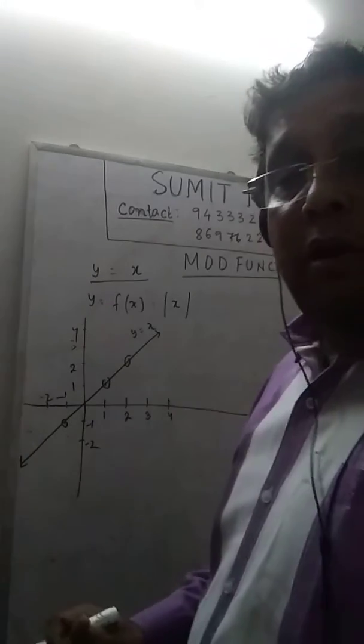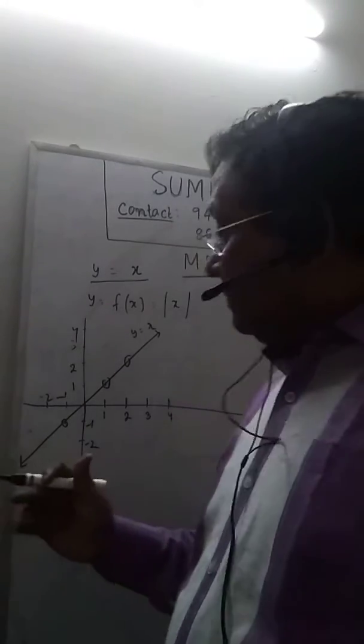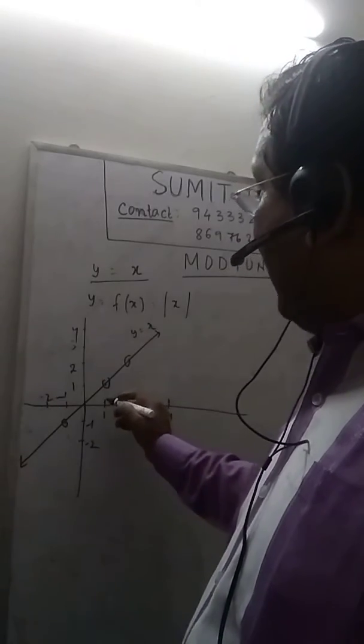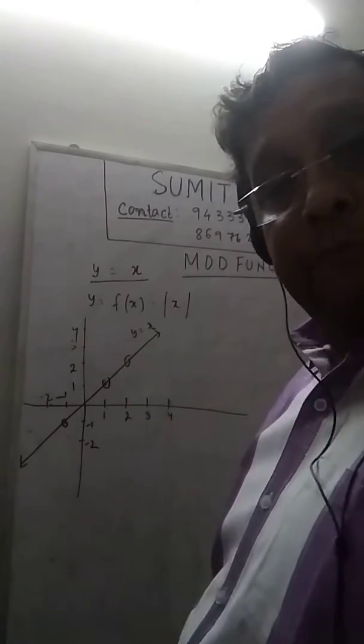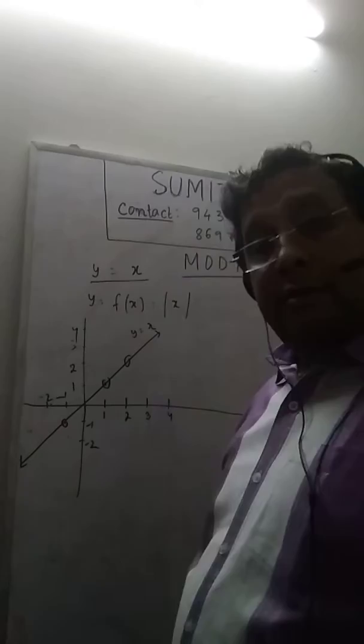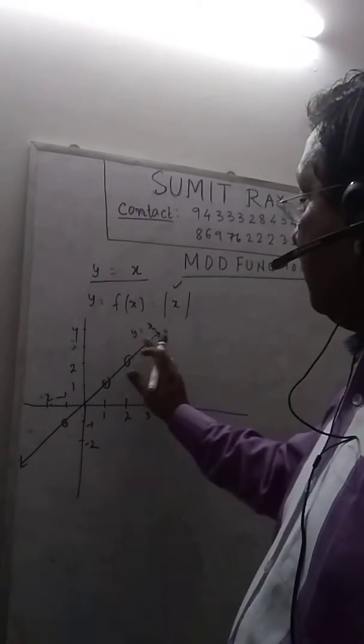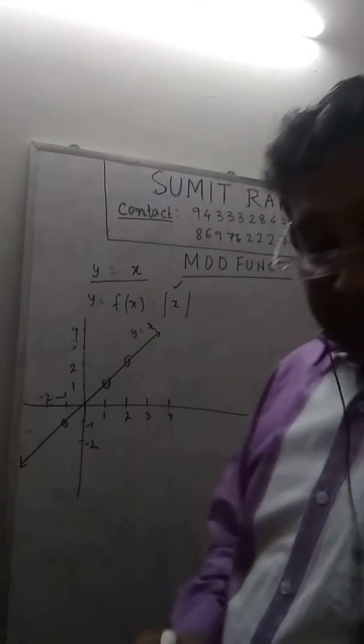Here, for any real value of x, the corresponding values of y can be positive or negative. But once I write mod functions, we cannot draw like this.